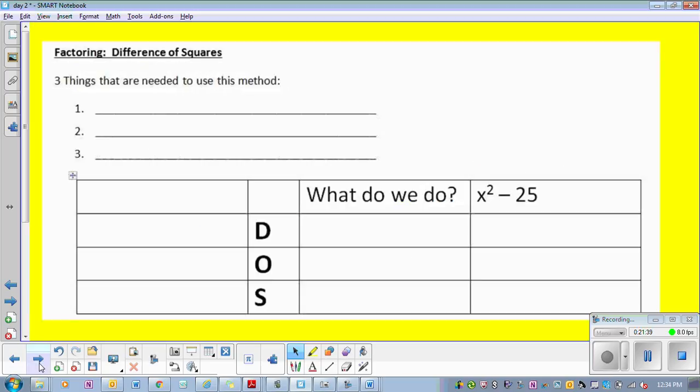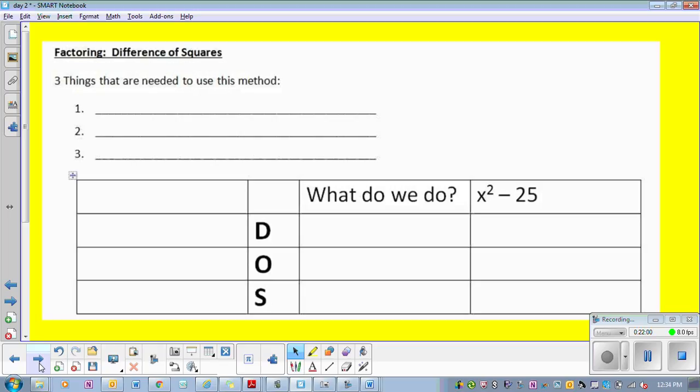All right, so the first binomial method that we're going to talk about is called difference of squares. Okay? Question for you. When you hear difference of squares, what do you think of? What does that sound like? Subtraction. Good.